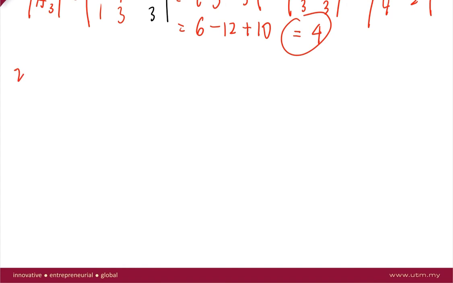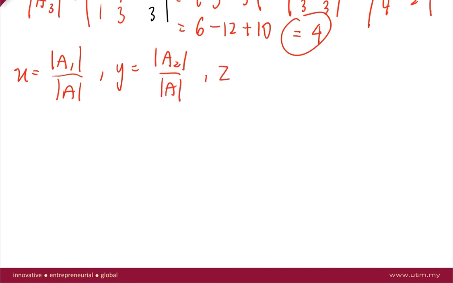So now x is equal to A1 over A, y equals A2 over A, and z equals A3 over A. Determinant of A just now is 1.